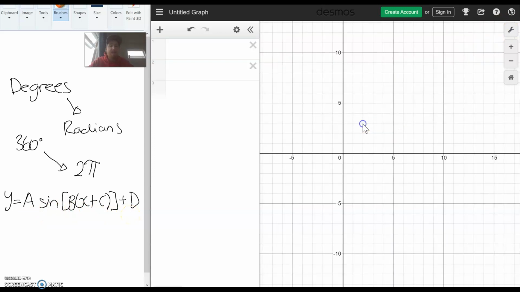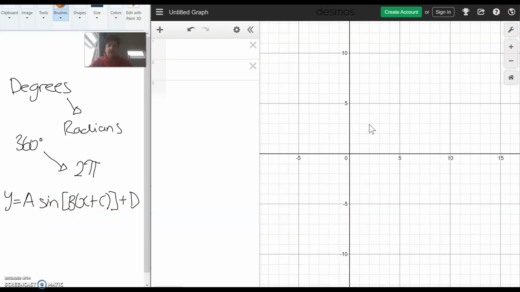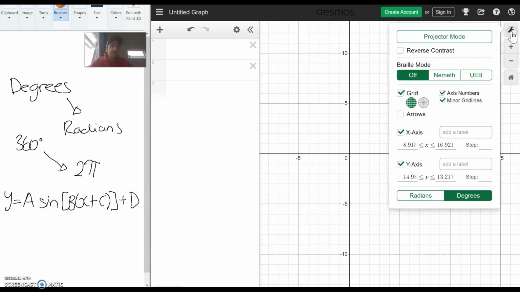The first step, no matter what tool we're using, is to make sure we're operating in radians. For Desmos, degrees is in green, and we need to switch to radians. You need to make sure you know how to do that on your graphics calculator as well. I will have a video showing how to do that in the graphics calculator in the description below.